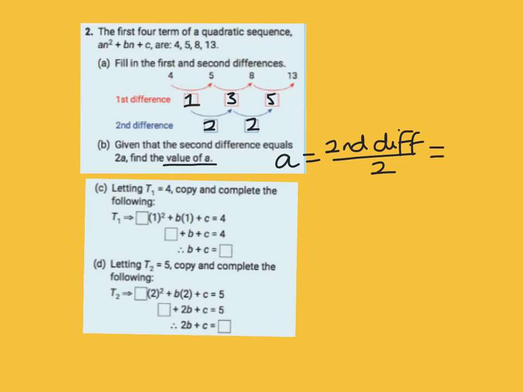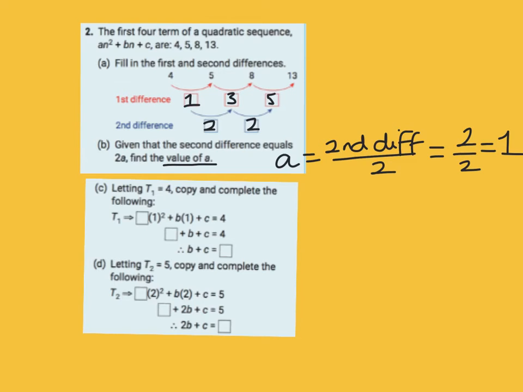And our second difference here is 2 over 2, which is equal to 1. Does everybody understand where I got that from? Yeah, okay, perfect. If there's anyone who doesn't, type in or unmute your mic, it'd be quicker.